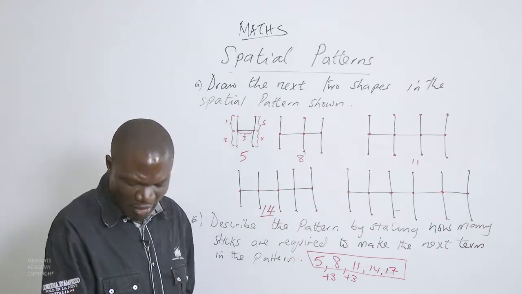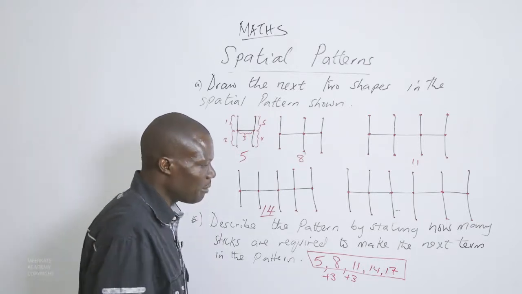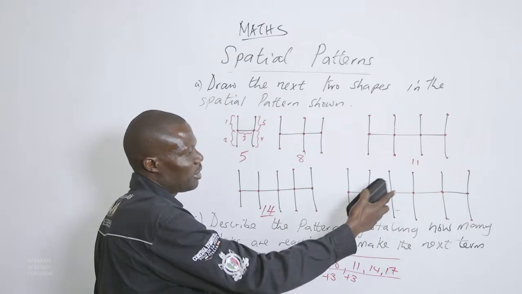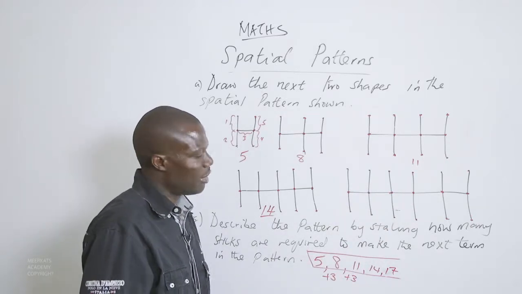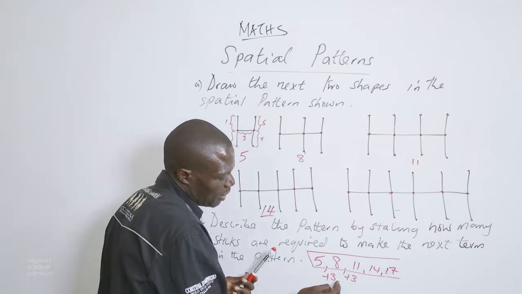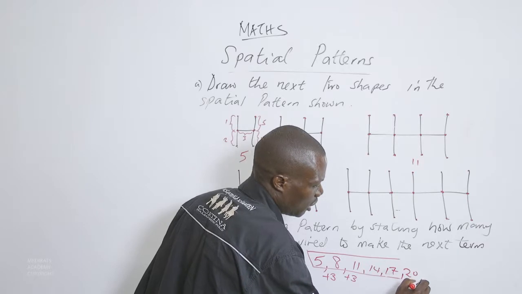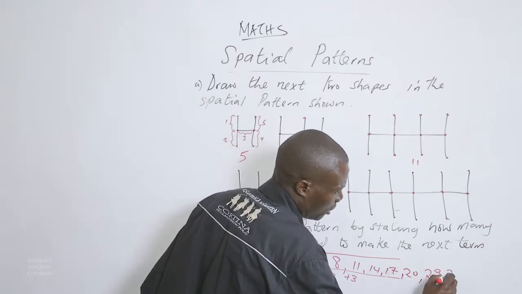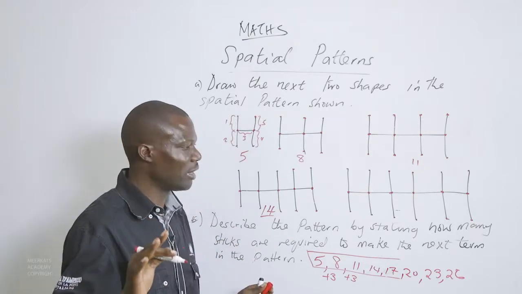When we look at the pattern, we can go as far as we want, because up to this shape, we have 17. The relationship is adding 3, 3, 3. So we can have the next ones as 20, 23, 26. We are adding 3, 3, 3.